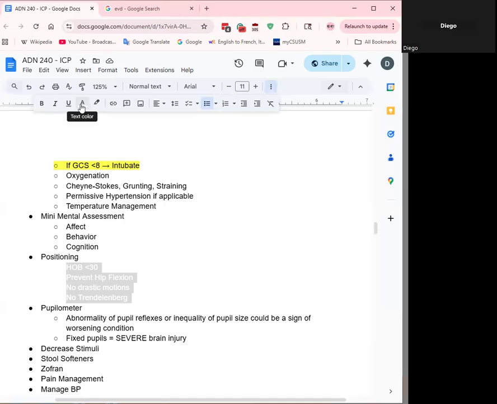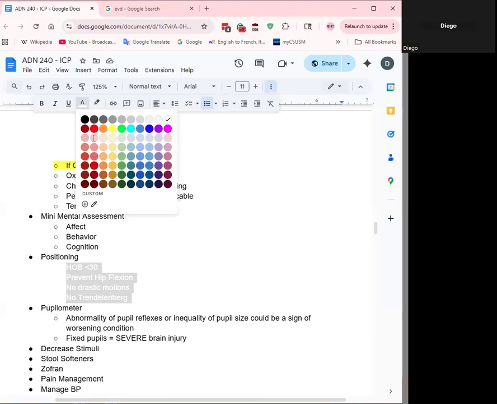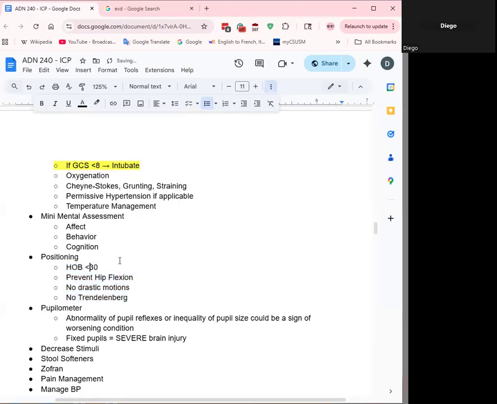I think that's supposed to be 30. So to decrease ICP, we're going to prevent hip flexion. No big drastic movements, and we're definitely not going to do a Trendelenburg because then we're putting all of that pressure back into the head, which is the exact opposite of what we want to do.